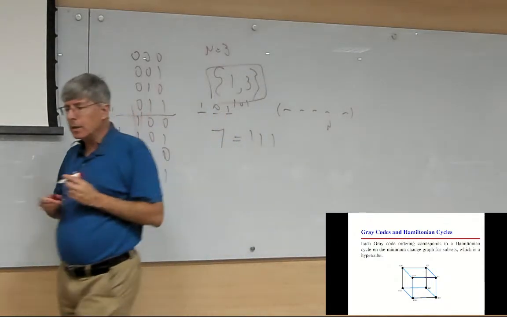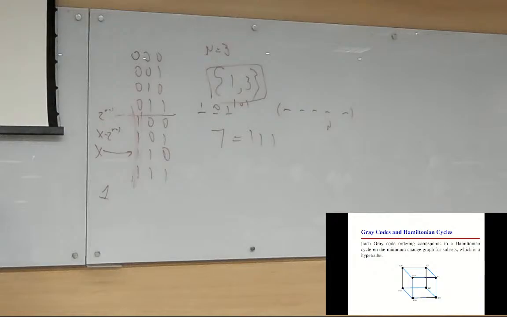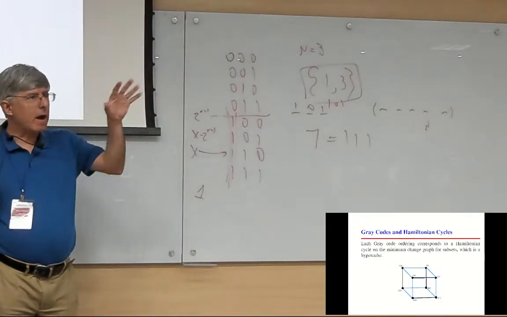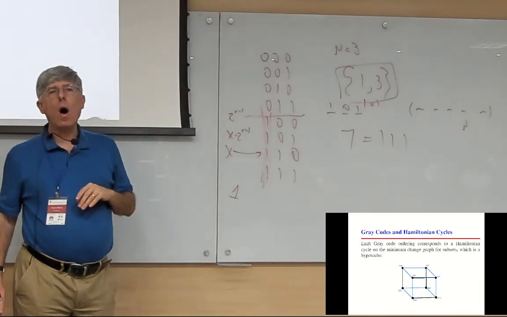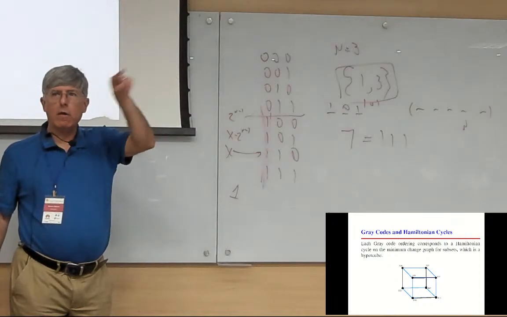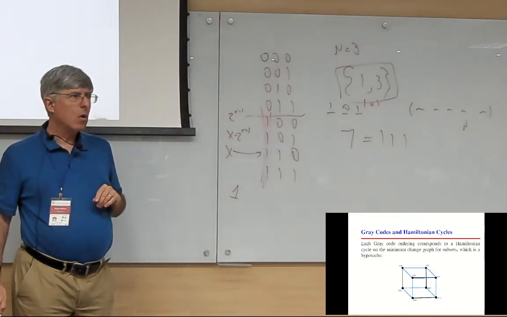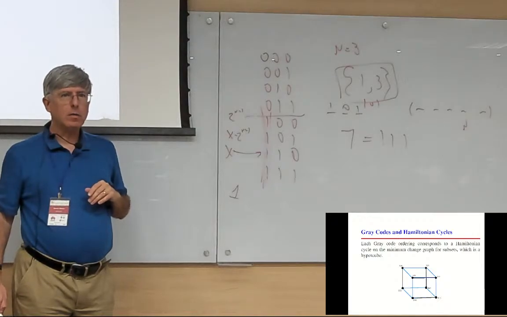So implicitly in the world of permutations, there is a graph out there with n factorial vertices where every vertex is connected to n choose 2 other vertices. And if you want a cyclic order to generate all permutations with the minimum amount of change, what's the right way to think about that?